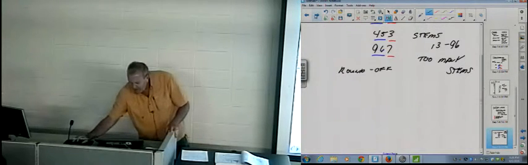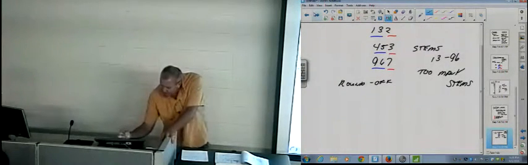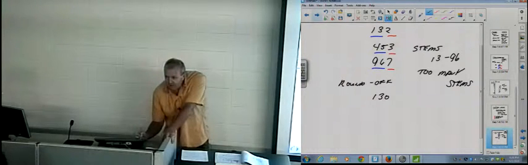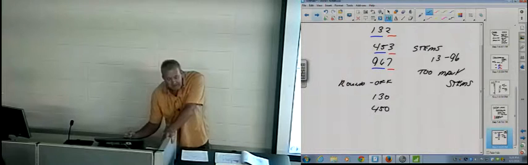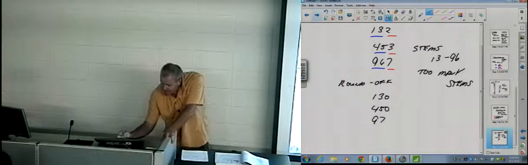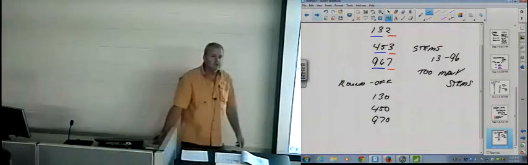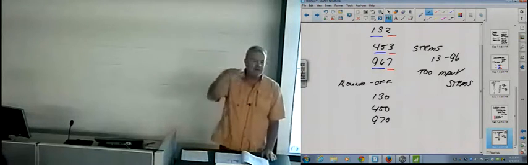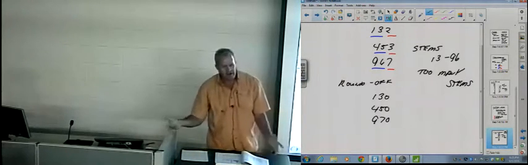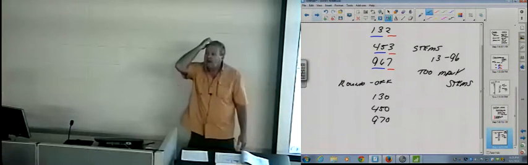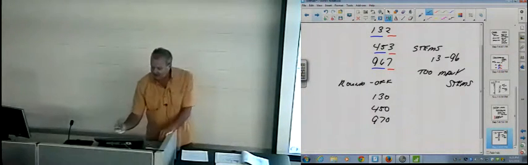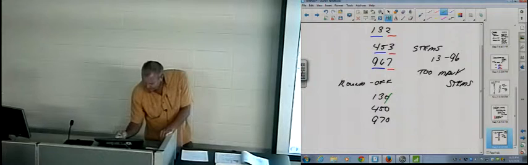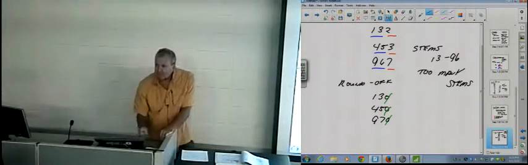When you round 132, what does 132 become? 130. 453 becomes 450. 967 becomes 970. 5 and above, you round up. 4 and down, you round down. Now, students usually hate when I do this next move. I don't need those zeros. Mark them off. Throw them away.